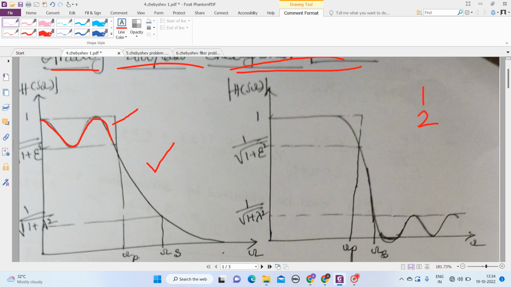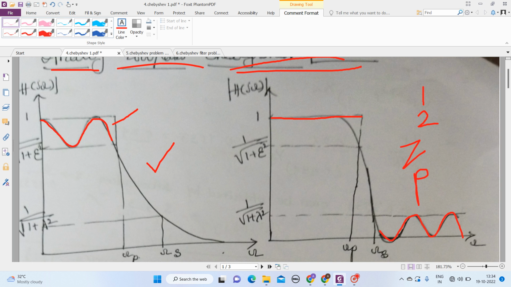The Chebyshev type 2 filter contains both zeros and poles, and it exhibits monotonic behavior in the pass band and equiripple in the stop band. So this is the type 2 Chebyshev filter.